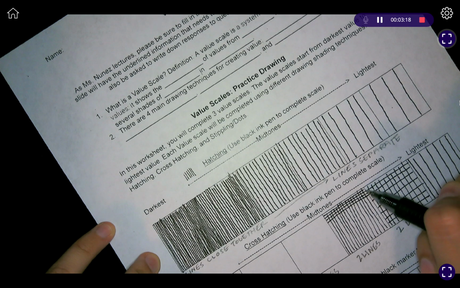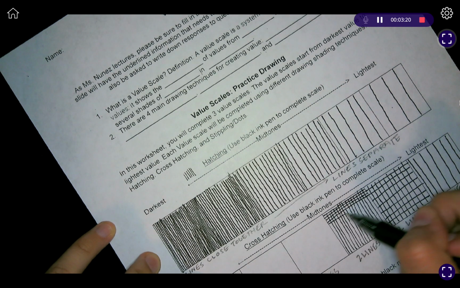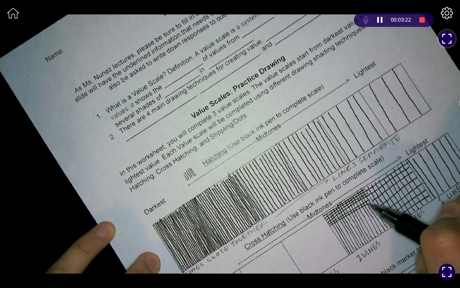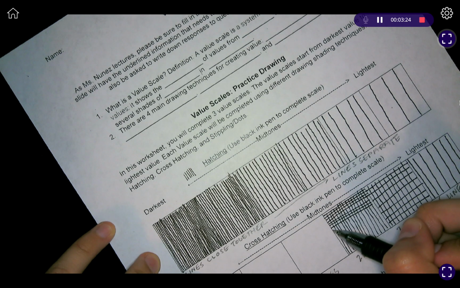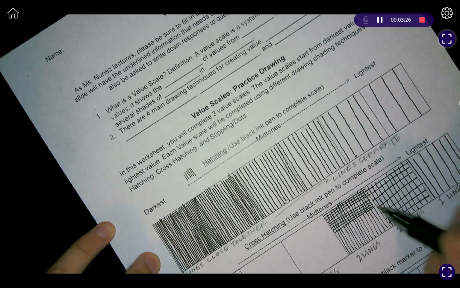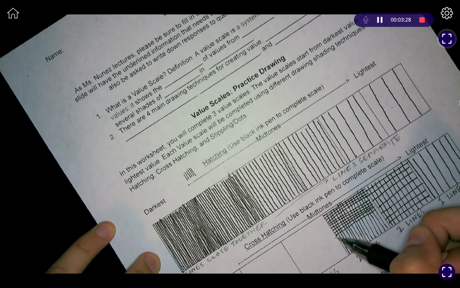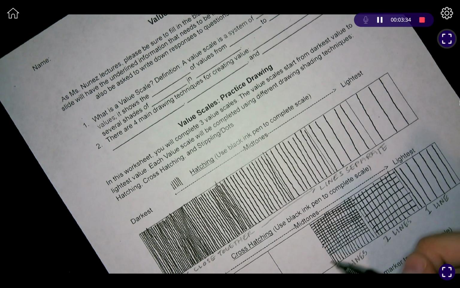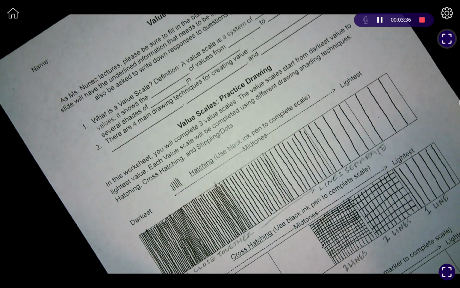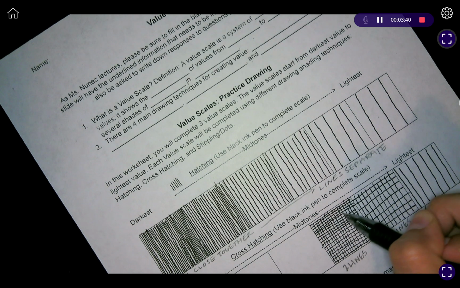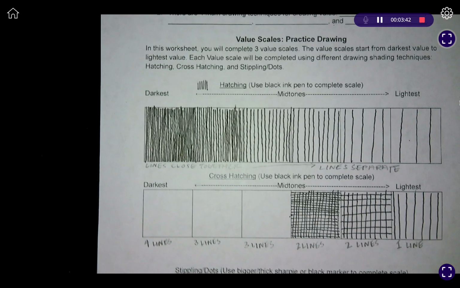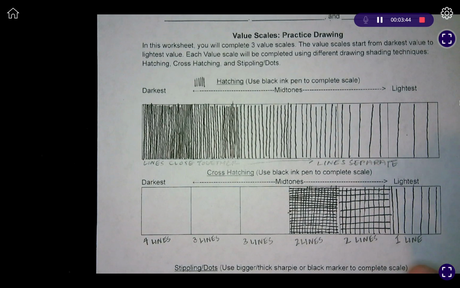But now the horizontal lines are closer together. Okay, so it's still those 2 lines, but now they're just closer together.